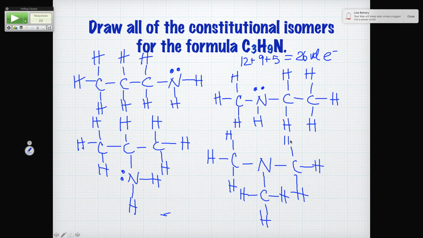All right, did I get all my H's? Those are the 3, or 4, I should say. They are constitutional isomers. You can also call them structural isomers.